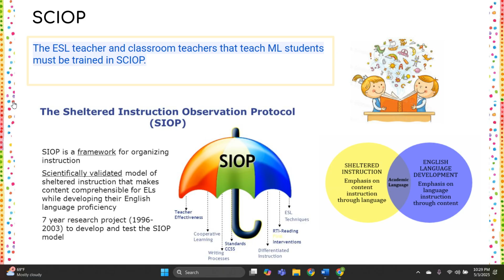The SIOP model consists of instructional strategies that cover 8 aspects of lesson design and delivery: lesson preparation, building background, comprehensible input, strategies, interaction, practice and application, lesson delivery, and review and assessment.